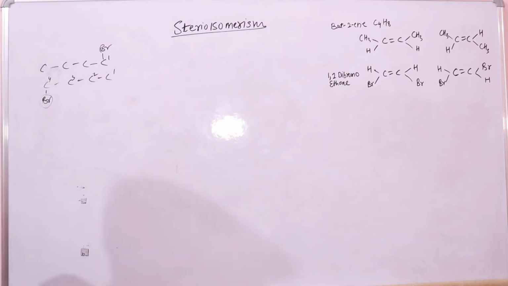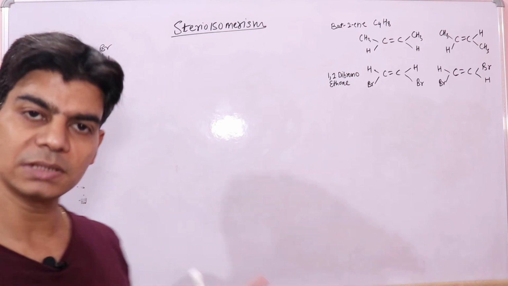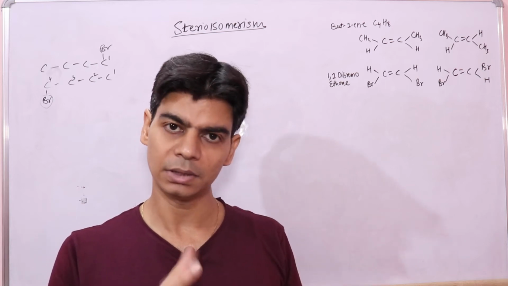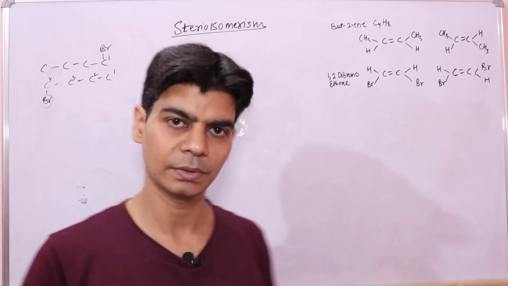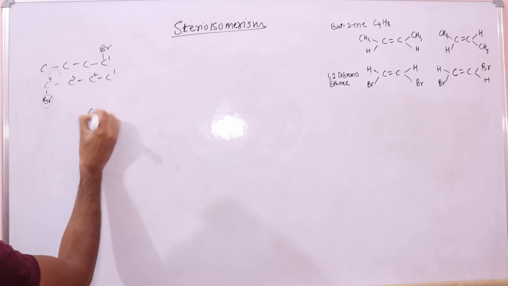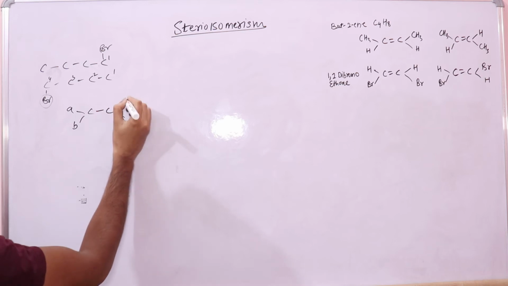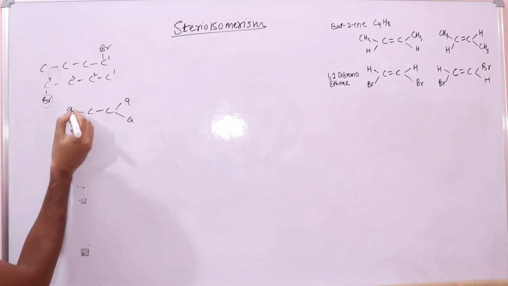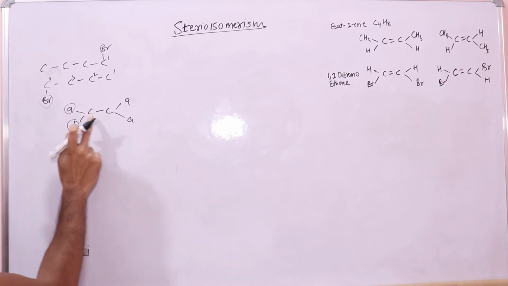In stereoisomerism, the arrangement or the connections between atoms is the same. The atoms that are connected to one another are the same. For example, by same I mean that if this is your compound, say, here these two atoms A and B are connected to this carbon atom.